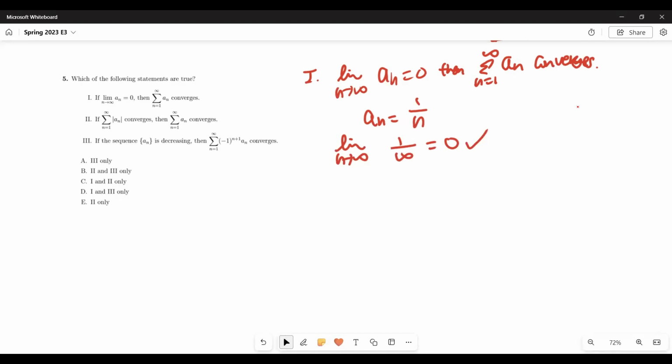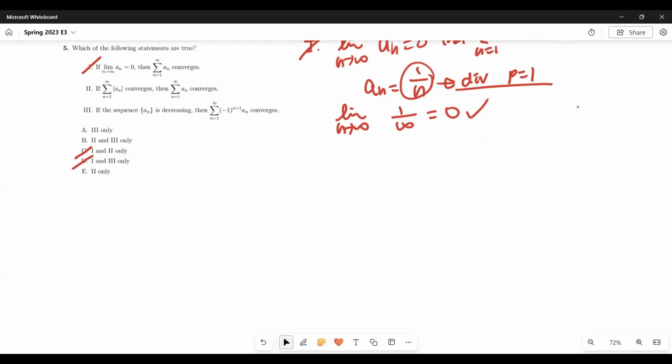But if you remember your p series, 1 over n actually diverges because p is 1. So this is not converging. So statement 1 is wrong. So that means you can get rid of C, D, right.